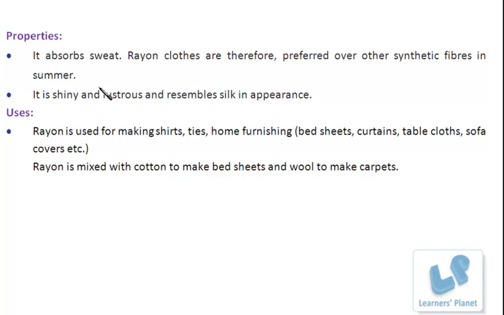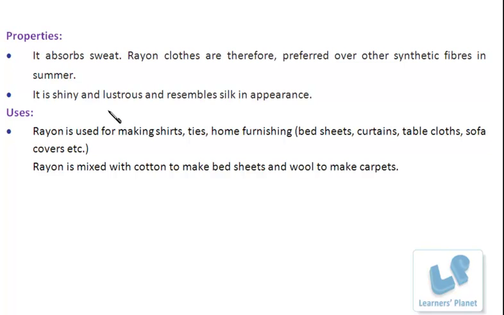So it is preferred in summer. It is shiny and lustrous and resembles silk in appearance. Do remember this, students. I have told you that artificial fabrics absorb sweat to a lesser extent as compared to natural fibers. But rayon has this quality of absorbing sweat. So it is worn in summer.